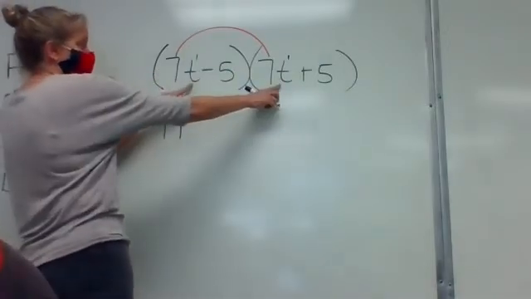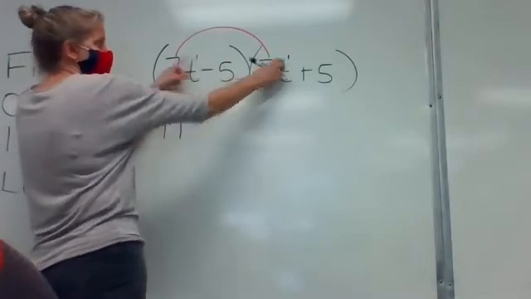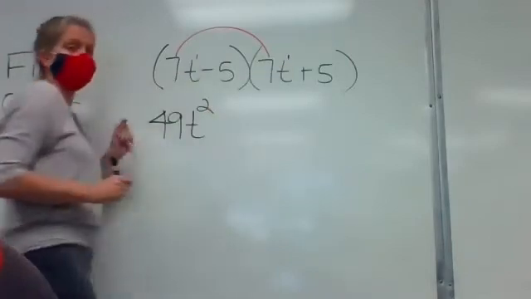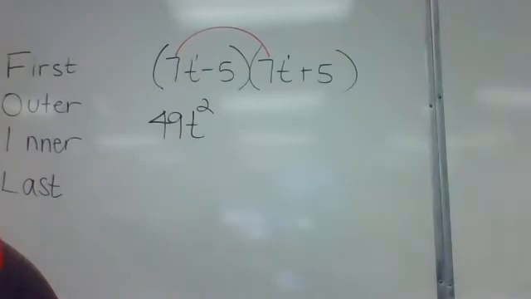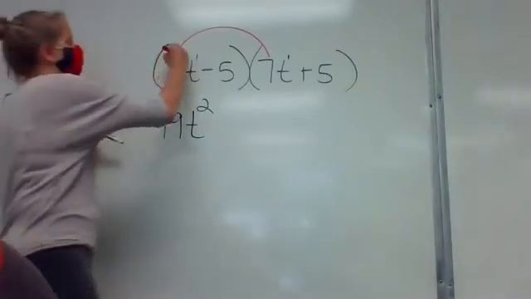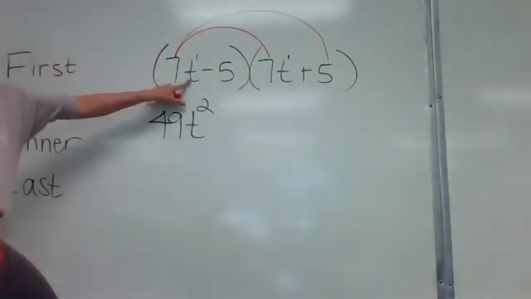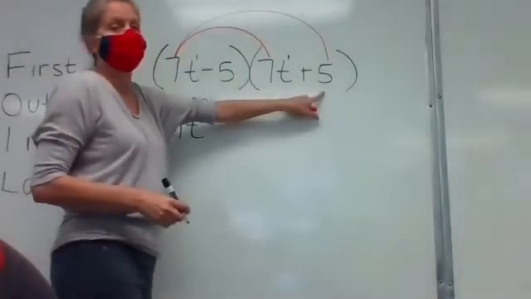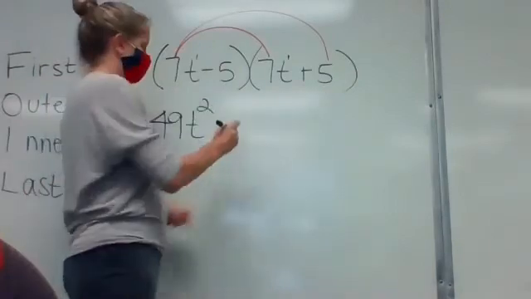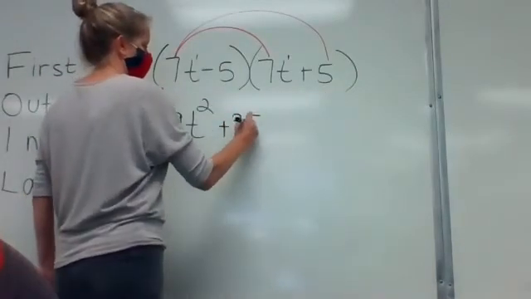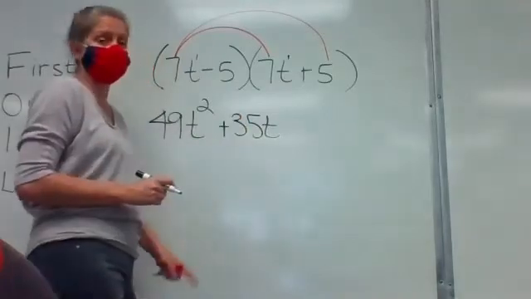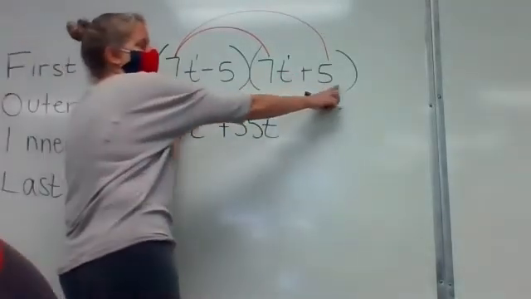Since they both have t, I have t times t, which is t squared. And then what's after first? Outer. All the way to the outside. So what do I have? 7t times 5, which gives you what? 35t. That one's not t squared, right? This one had a t, but this one did not.